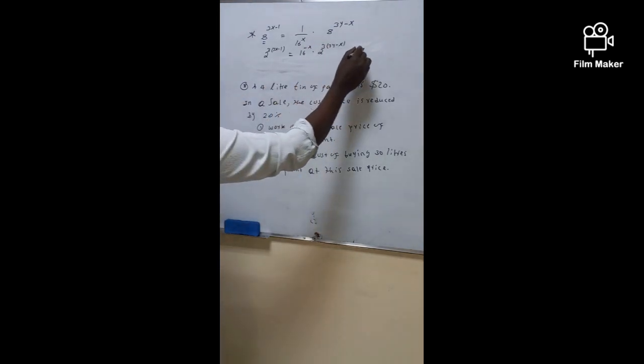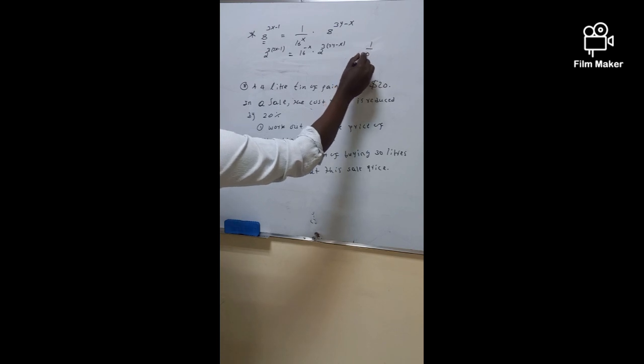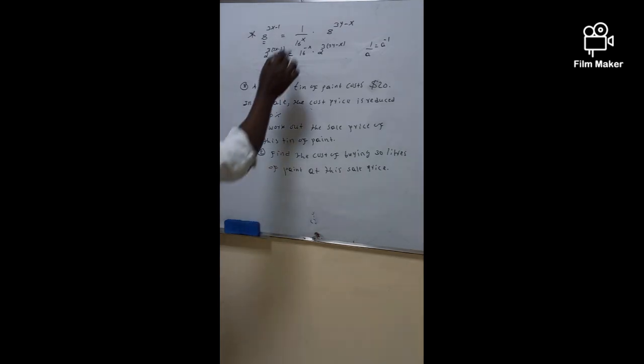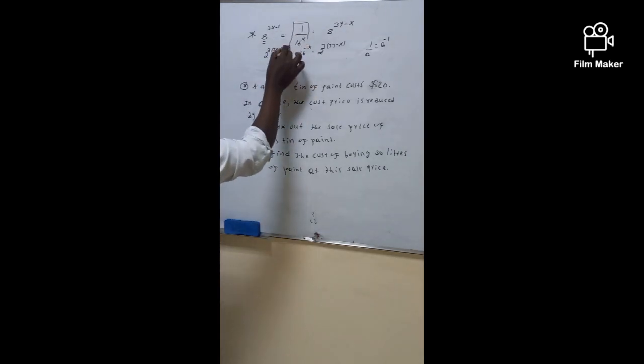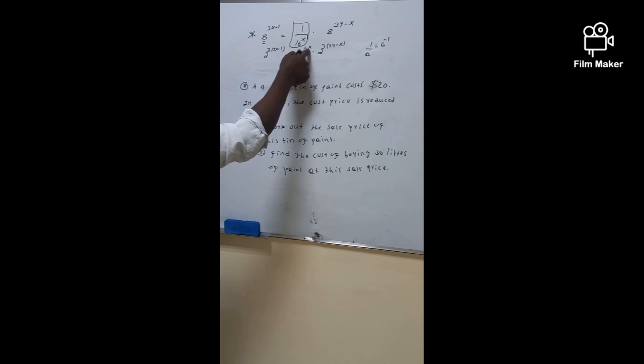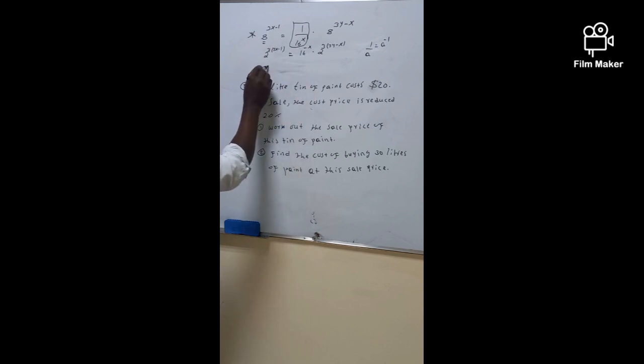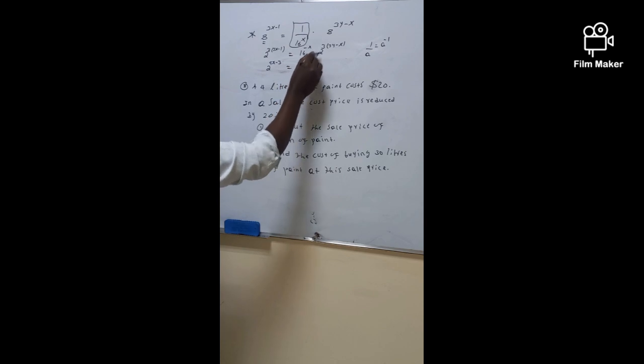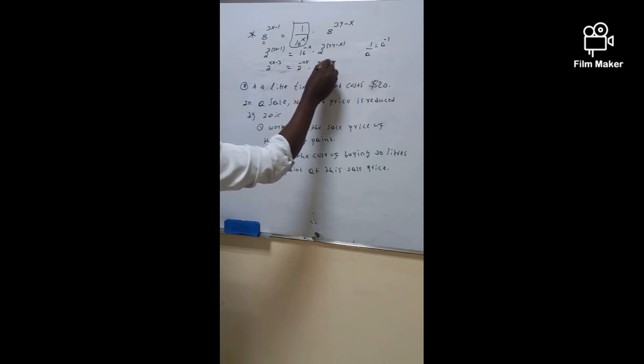You know that, for example, 1 over a is written as a raised to minus 1. Because of this principle, this is written as 16 raised to minus x, and it is going to be 2 raised to 9x minus 3, which is exactly 2 raised to minus 4x times 2 raised to 9y minus 3x.